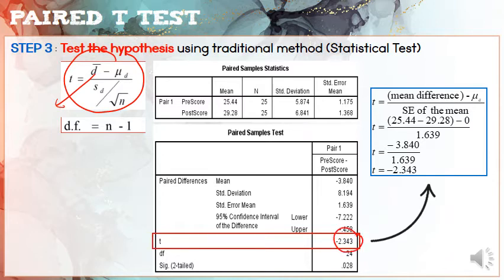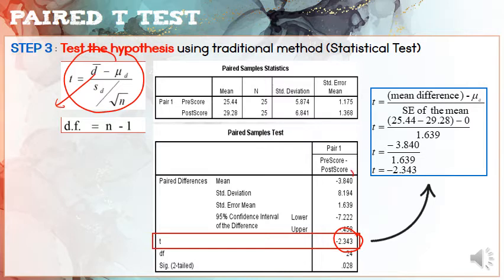In this example, if you want to calculate manually, the mean difference will be 25.44 minus 29.28 minus 0, because in our hypothesis, kita nak test mu d equal to 0 or not equal to 0. Alright? And standard of error bahagi dengan standard error of mean. So actually, both of these value can be found in your SPSS output.